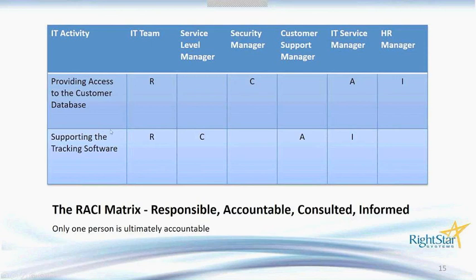Also, when you put together a RACI matrix like this for an IT activity, it helps to see some lines of communication that you may not have considered. So where do people need to be consulted? Where do people need to be informed? So for example, if we're looking at access to a particular configuration item, whether it be a database or actual physical access to a data center, how do we identify who's responsible, accountable, consulted, informed?